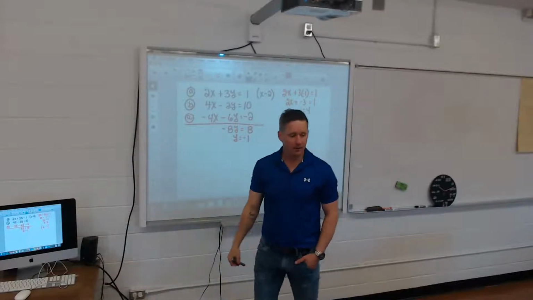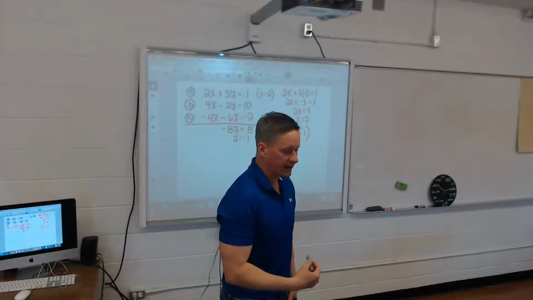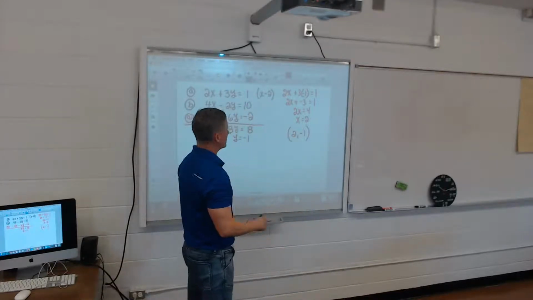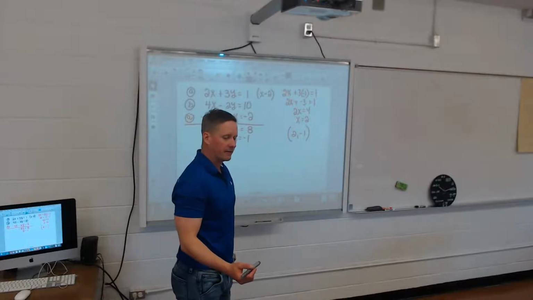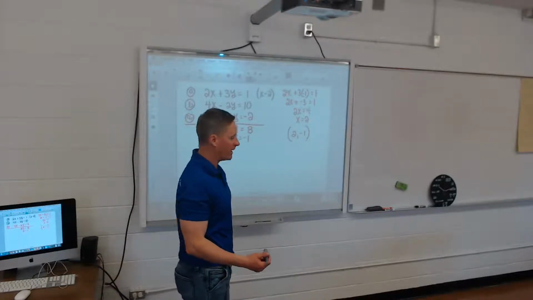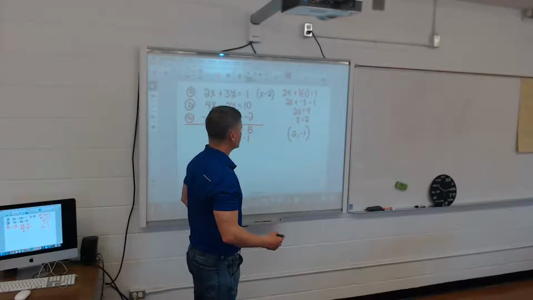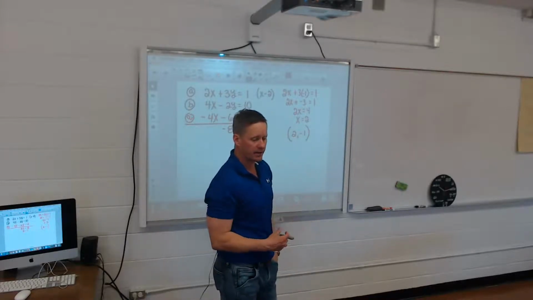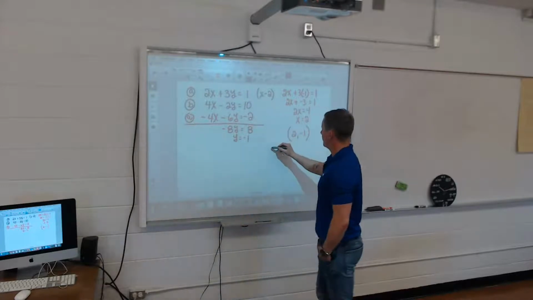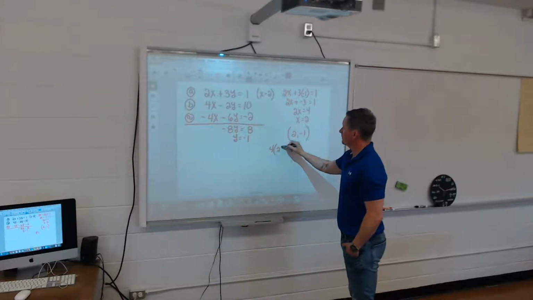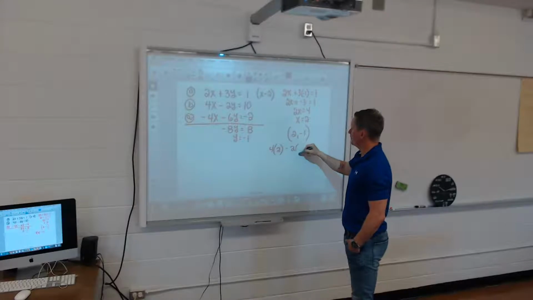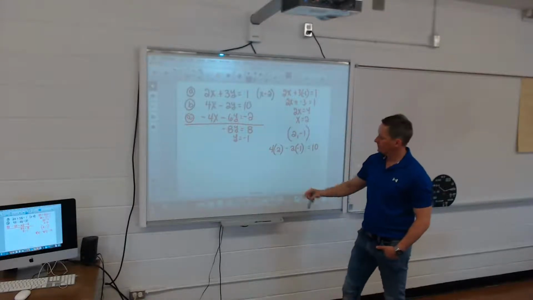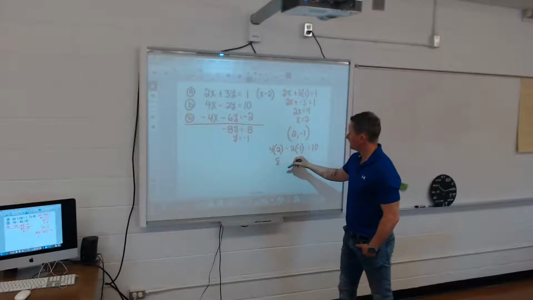And again, feel free to use your graphing calculator to check this. If I was to not use my graphing calculator, if I wanted to check it to make sure that I've got it right, I use the second equation and I put x and y in and I make sure the left side and the right side are equal. So I'm going to go 4 times 2 minus 2 times -1, and that should equal 10. 4 times 2 is 8.